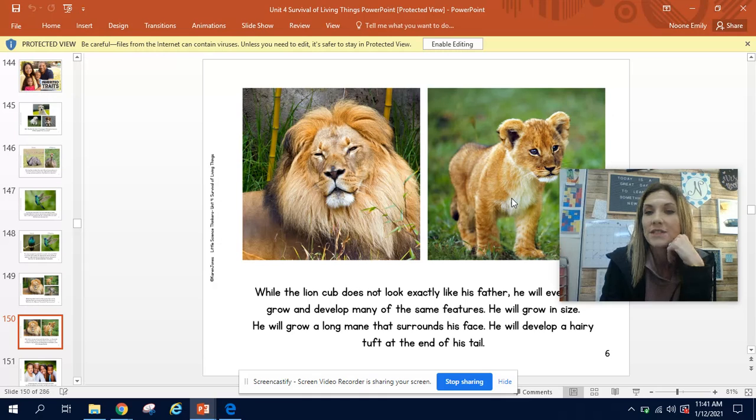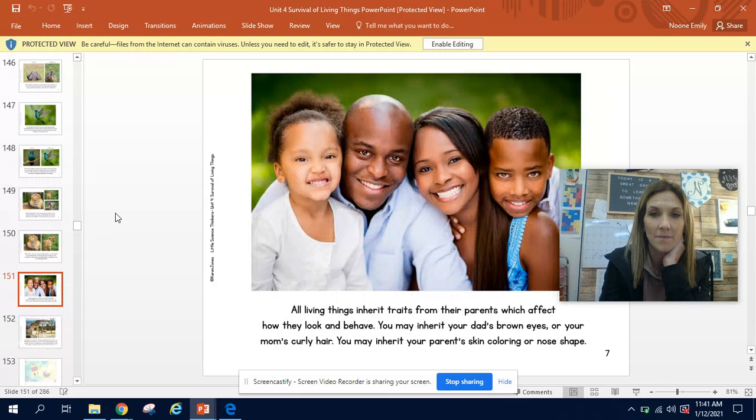While the lion cub does not look exactly like his father, he will eventually grow and develop the same features. His body will grow bigger, he will grow more hair and mane, and he will develop the hairy tuft at the end of his tail so that he will look like the dad.